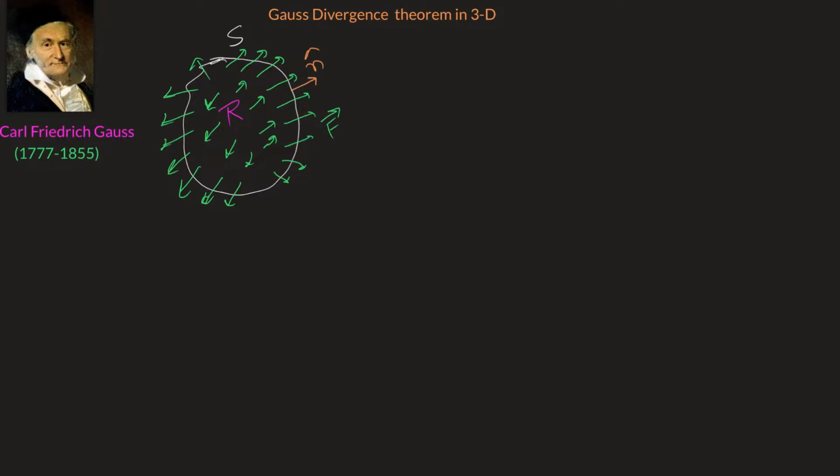Now, the Gauss divergence theorem states that the surface integral of the normal component of the vector field over the surface S. Here we will try to see the meaning of this particular integral. Say this is the field F, and its component in this direction is this one.